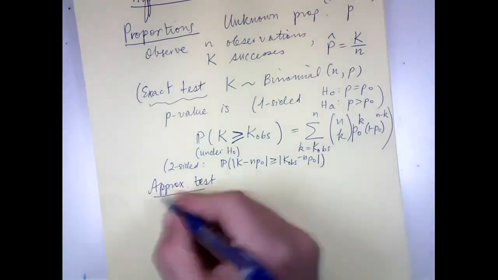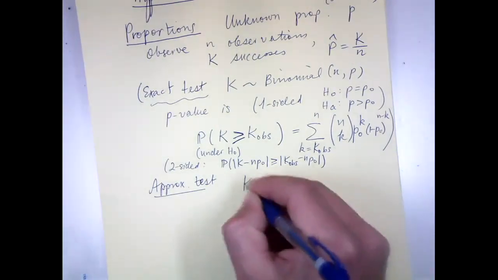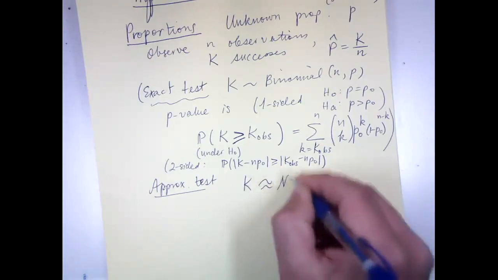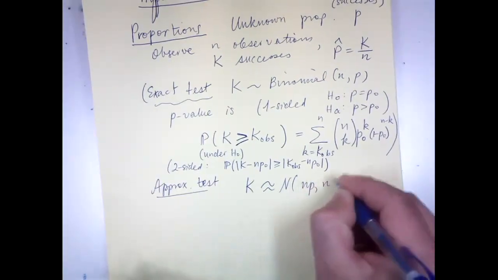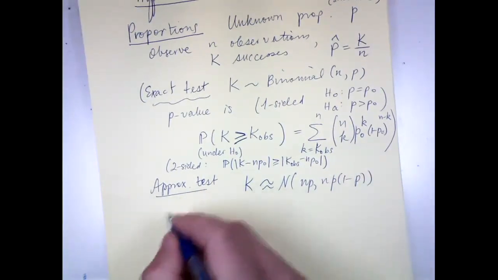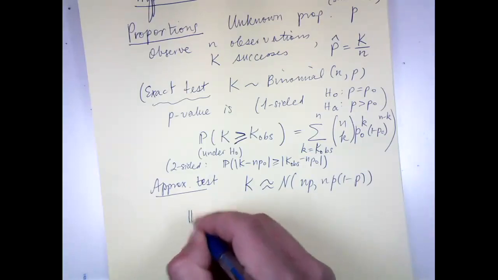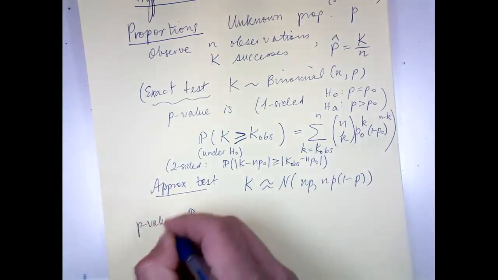Okay, so the approximate test, which is more practical, certainly in the exam, uses that k is approximately normal with the same mean and same variance, p1 minus p. Now, it's often good in this case, so in that case, the p-value, I'm going to do the one-sided.